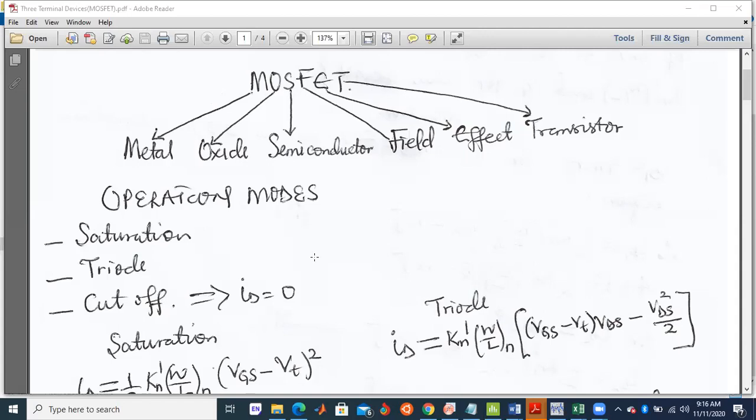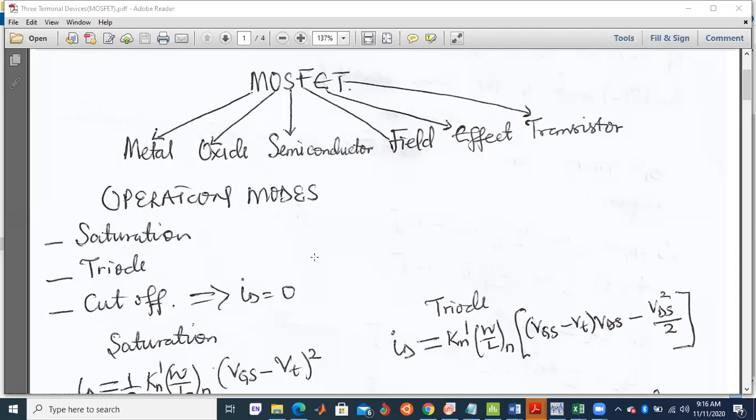In some questions, it will not be stated that it is in the triode region. It will just be stated that you should assume that it is operating in the linear resistance region. The moment you see such a question, you should know that it is in the triode region. For the triode region, your VDS, that is the voltage between the drain and the source, must be less than or equal to VGS minus VT.